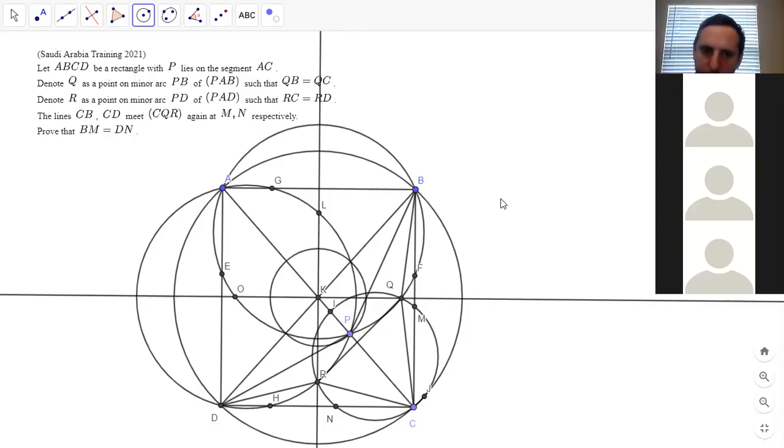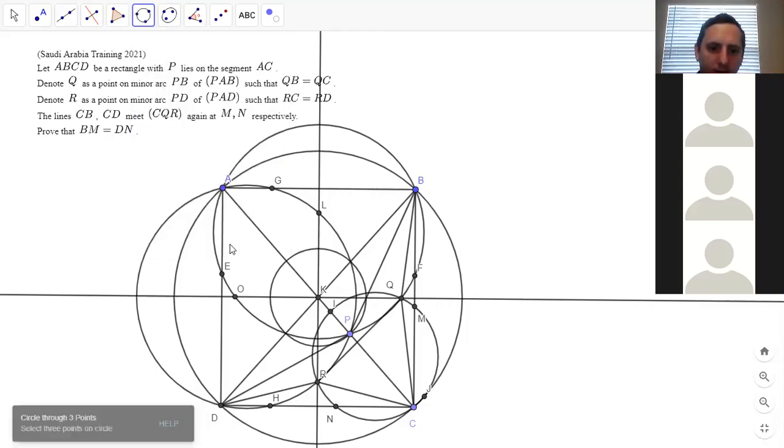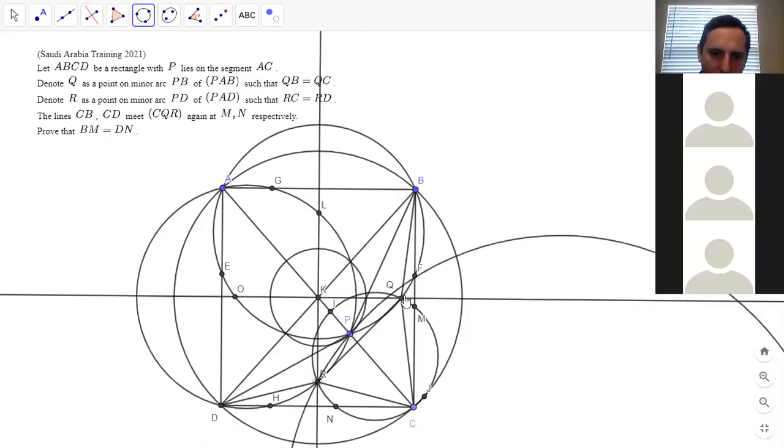And the circle RQC will become circle RQP, because C goes to P.